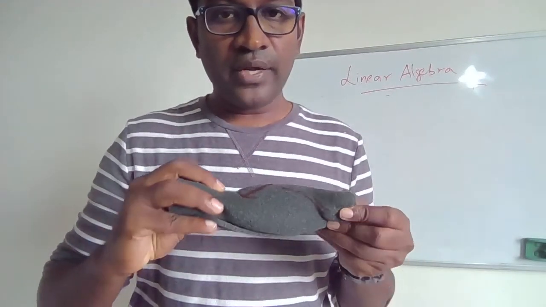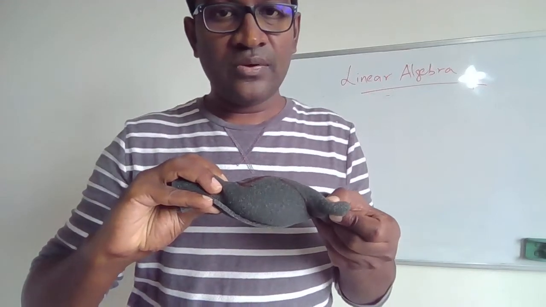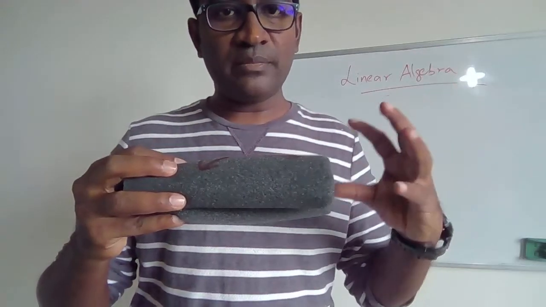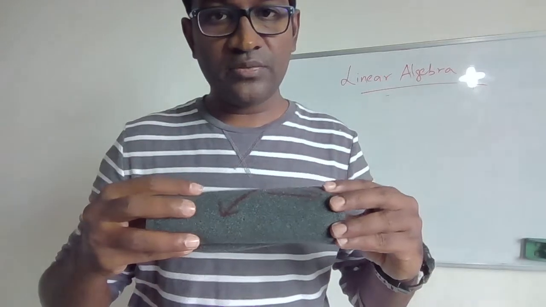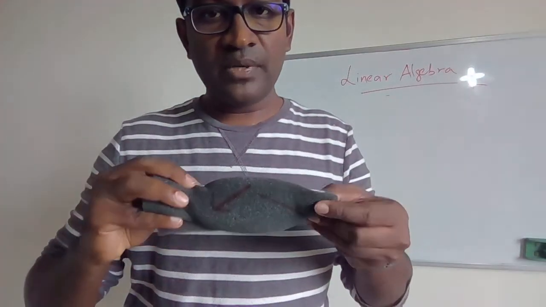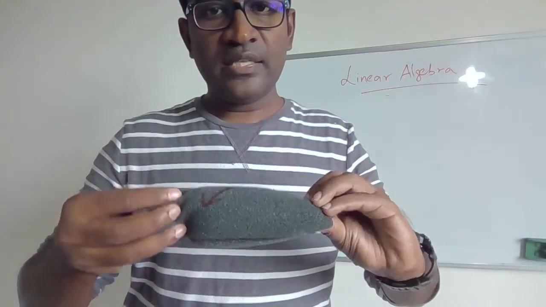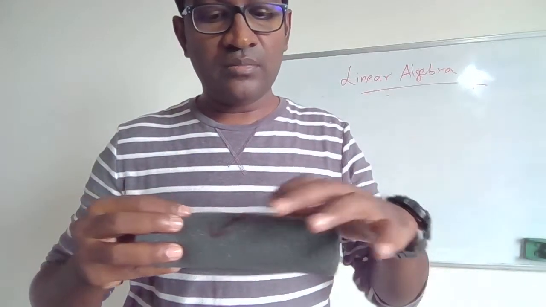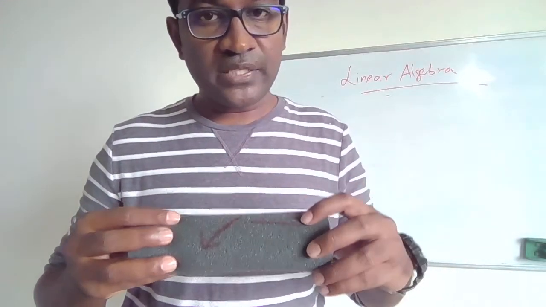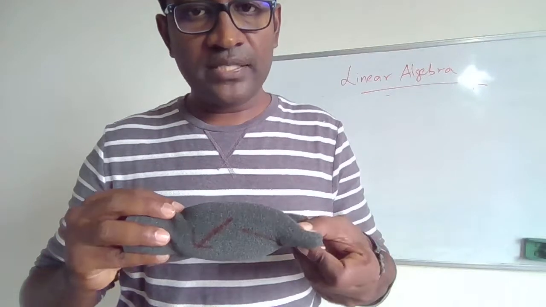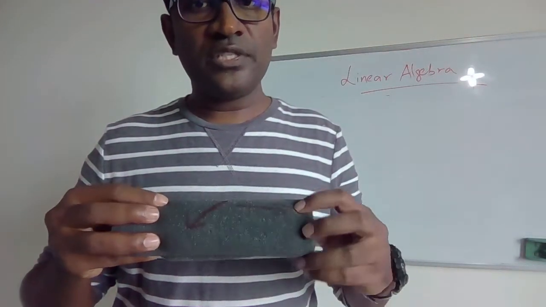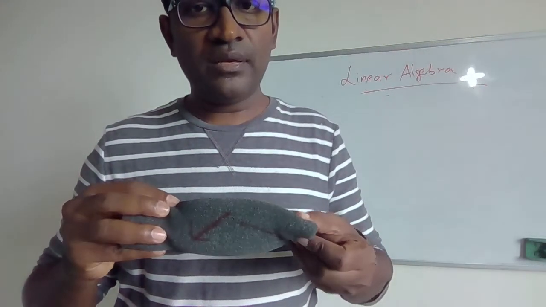So when I try to rotate this, I assume that my hand is a matrix and I am applying it to these two vectors. What happens is it rotates and changes the shape of these two vectors. This vector completely changes its position from A to B through a rotation.